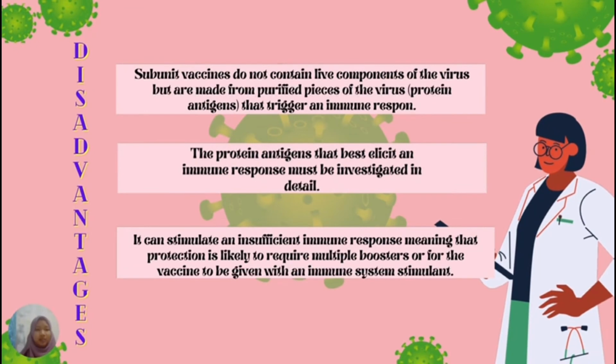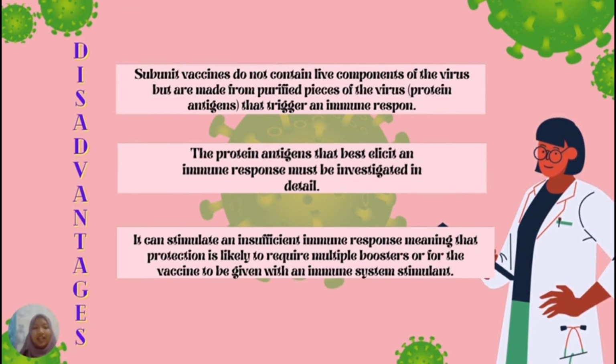This slide is about the advantages. Subunit vaccines do not contain live components of the virus but are made from purified pieces of the virus, which are protein antigens that trigger an immune response. This is an existing technology used, for instance, in the hepatitis B vaccine, but it has several disadvantages.